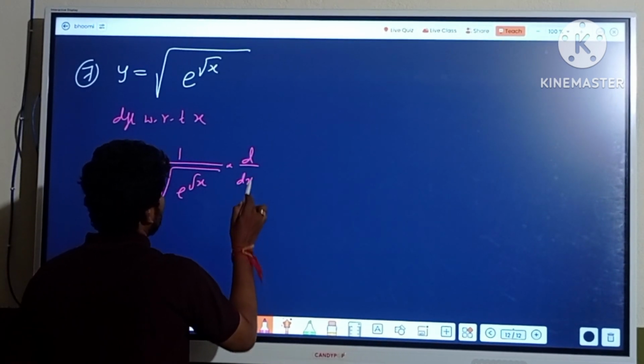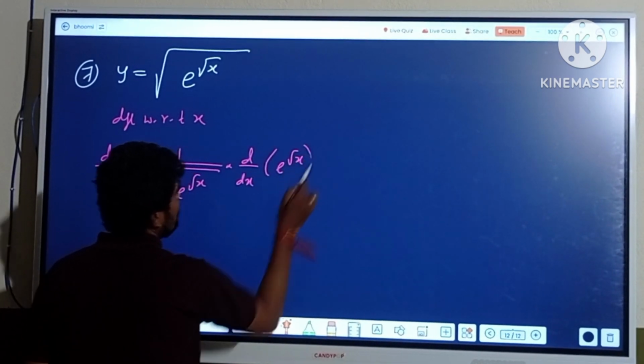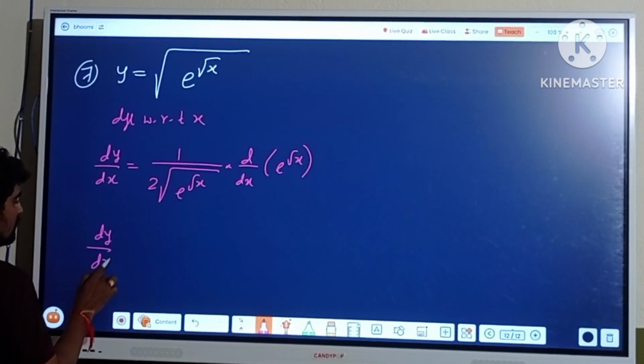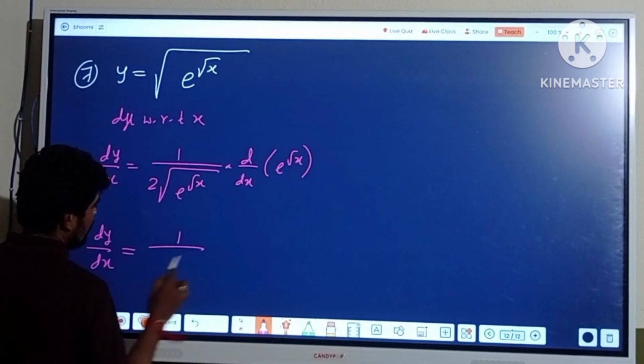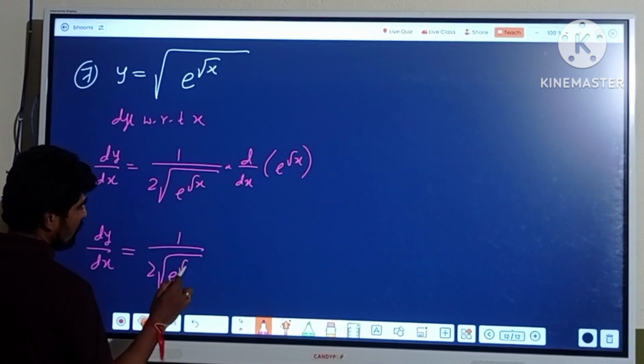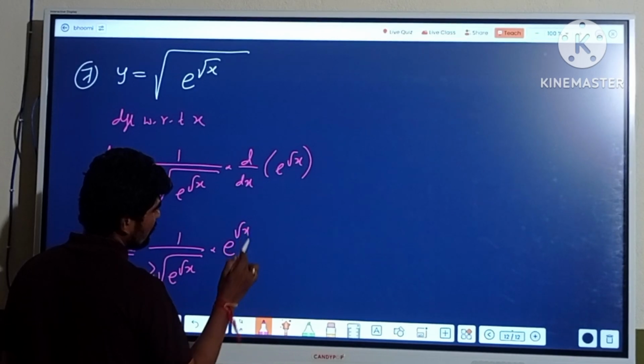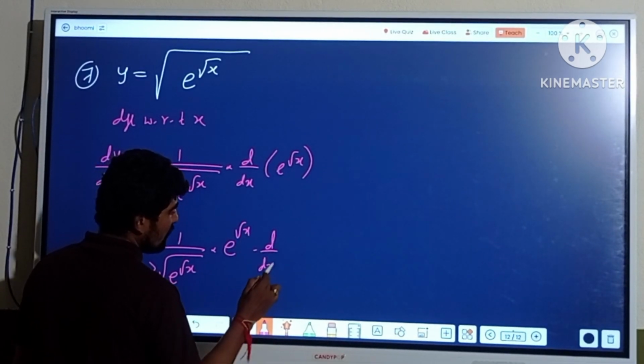Here the something is e power root x. So dy by dx equals 1 divided by 2 into square root of e power root x as it is, into the derivative of e power something, which is e power something into the derivative of what? Something.